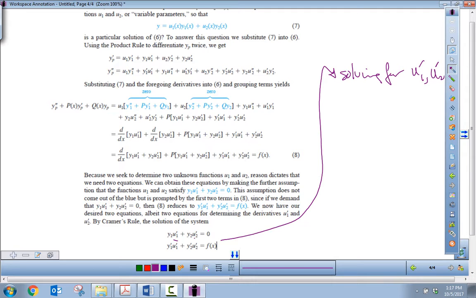Let's just cross off the book and change the book to what we're doing. So this is what we're solving for, and this is where we get W, or the matrix that we're looking for, which is y1, y2, y1 prime, y2 prime.